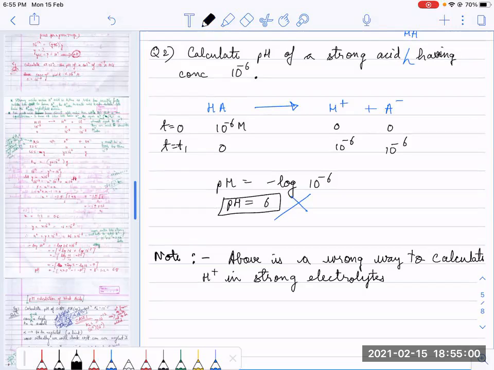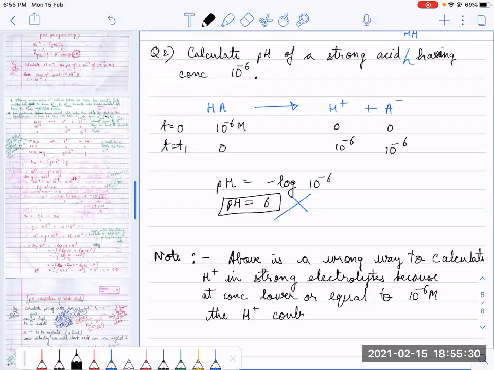The above is a wrong way to calculate H plus in a strong electrolyte because at concentration lower than or equal to 10 to the power minus 6 molar, the H plus contribution due to water is also taken.